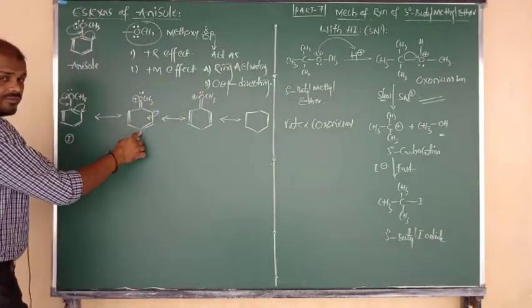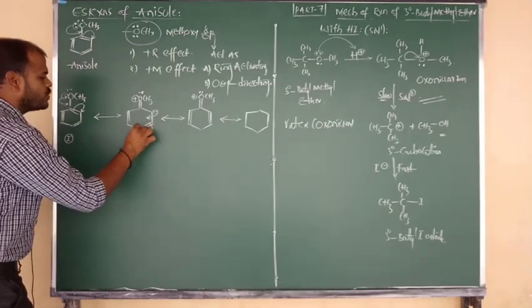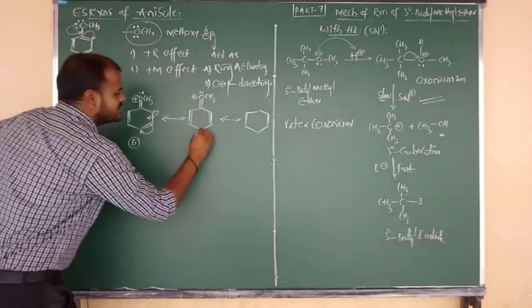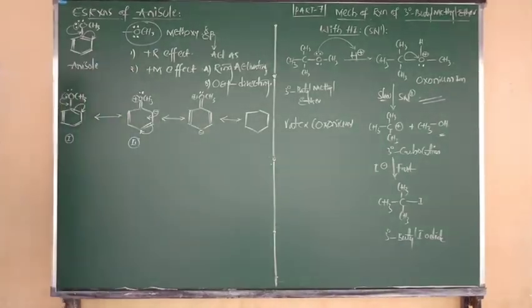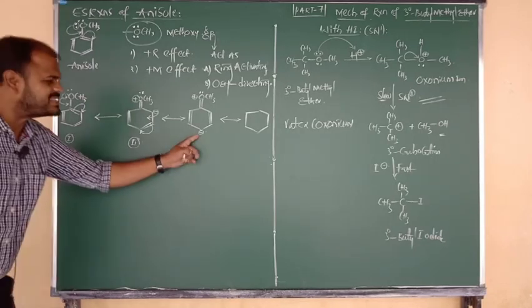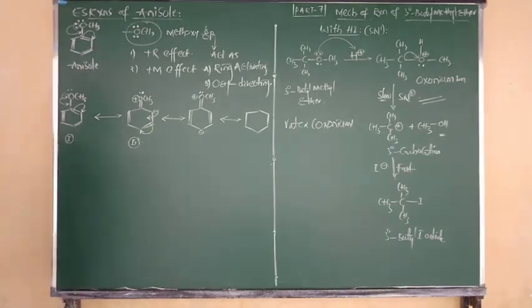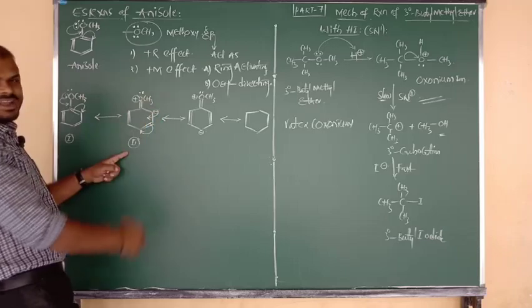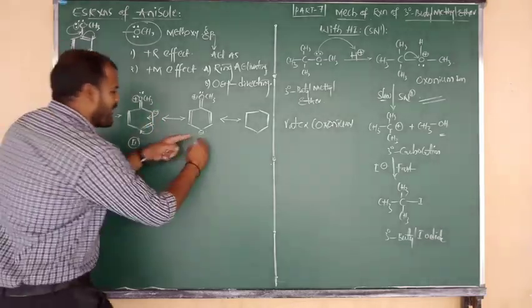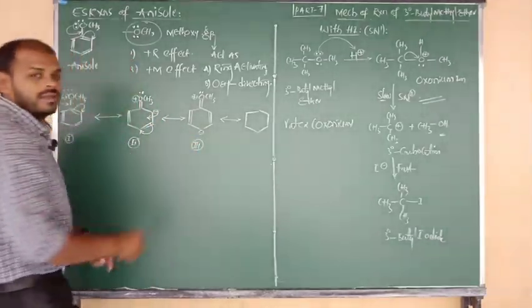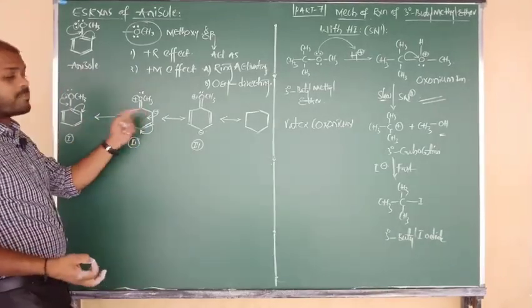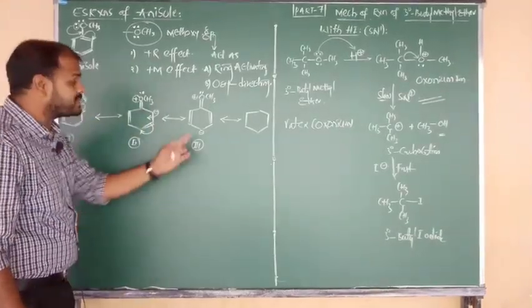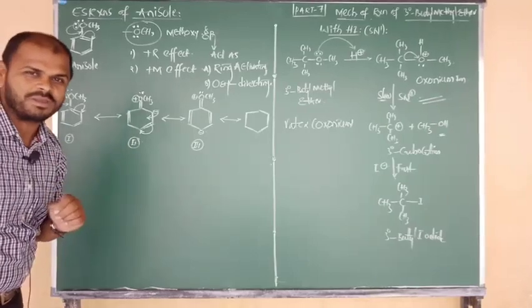The bond between 3 and 4 is completely delocalized to the 4th carbon. That means the 4th carbon contains a negative charge. The para position contains a negative charge. But in the second structure, ortho contains a negative charge. In the third structure, para contains a negative charge. That means more electron density is present on ortho and more electron density is present on para. We have to remember that.